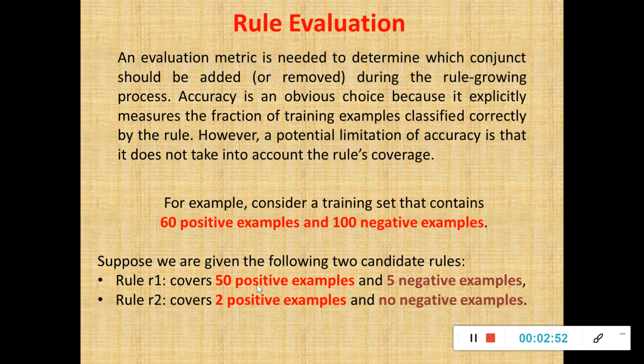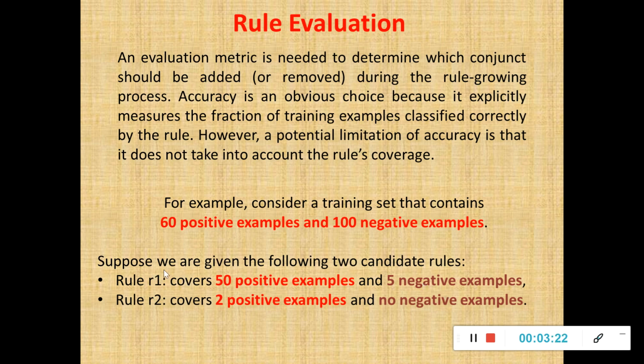Please remember, we have discussed rule coverage. Rule R1 is said to cover an instance X if it is triggered by that record. In the same way, in the learn-one-rule function of the sequential covering algorithm, we said a rule is good if it covers more positive examples and zero or few negative examples. Rule R1 is covering 50 positive, 5 negative.